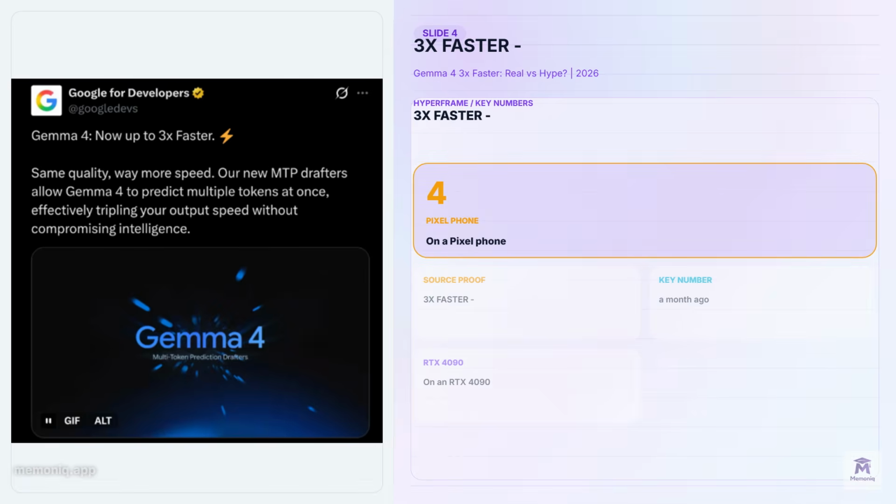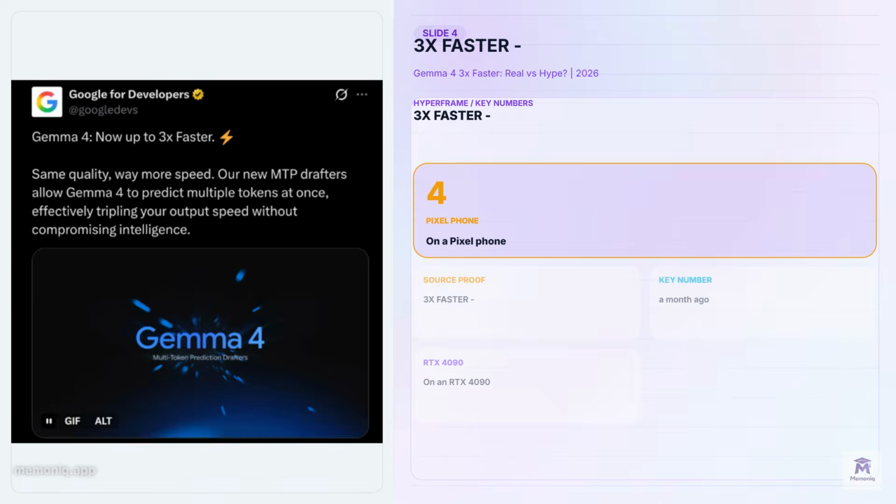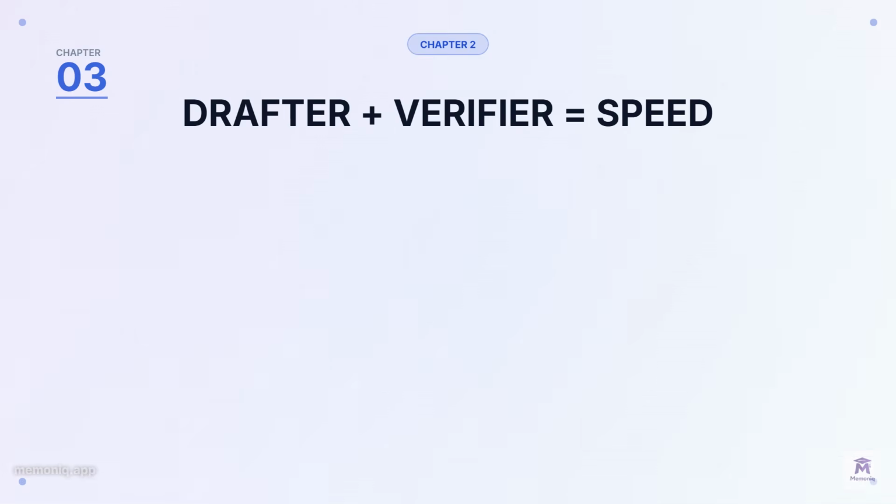The drafter model needs to share that bandwidth, so the multiplier drops. This matters because a lot of you are running on MacBooks. So is it real? Absolutely. Is it exactly 3x on your specific machine? Probably not, and that's the first thing to understand before you benchmark this yourself.